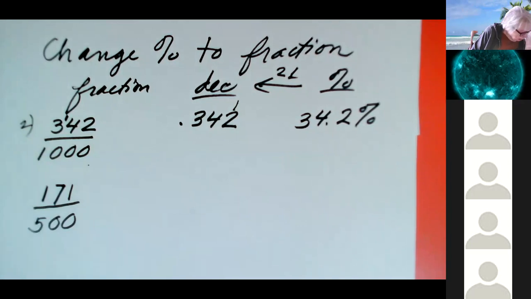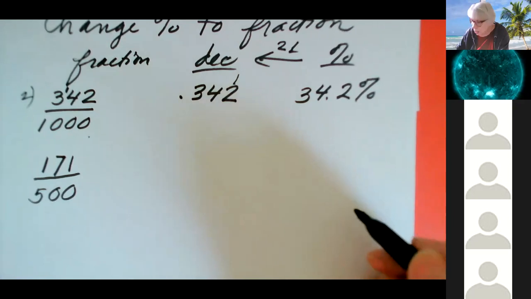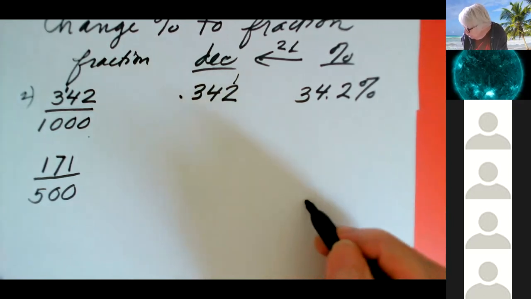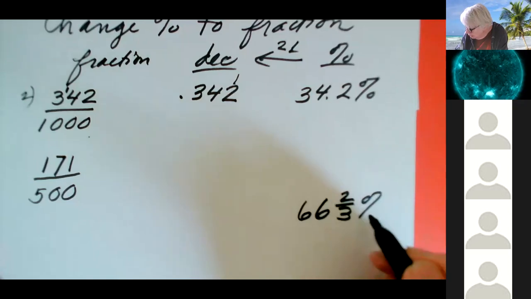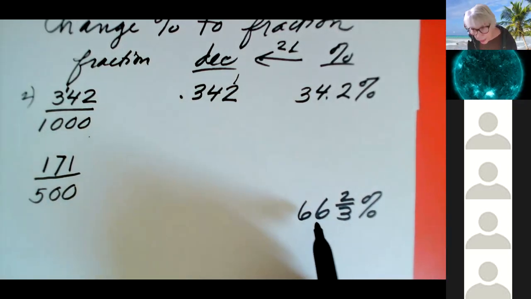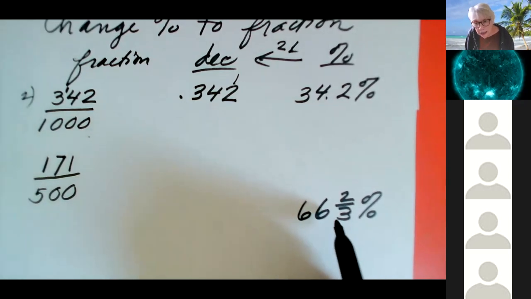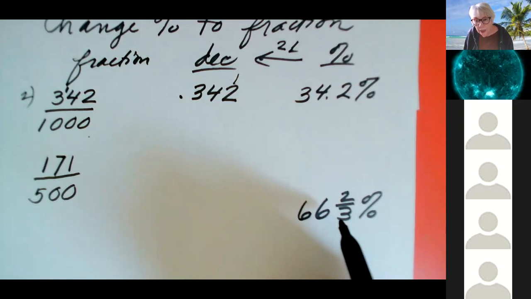So, but what if the problem started out 66 2/3%? Now, these are the only ones that look totally weird, but I think you could recognize it because this is giving you that clue that you need.